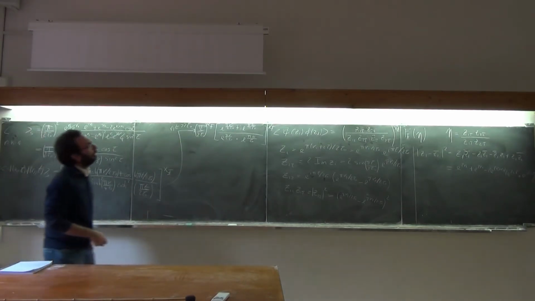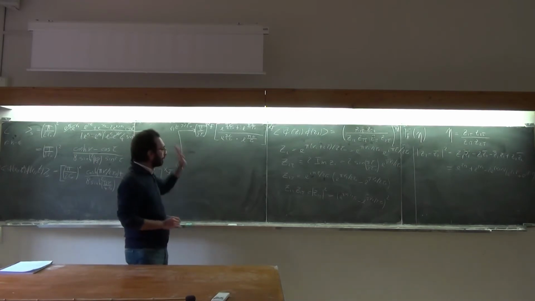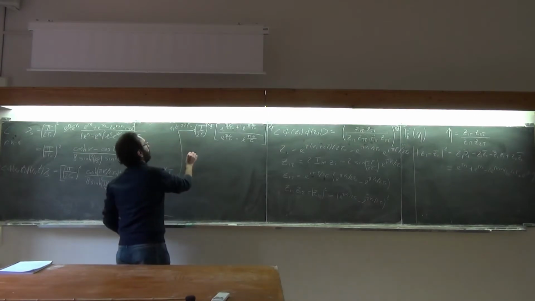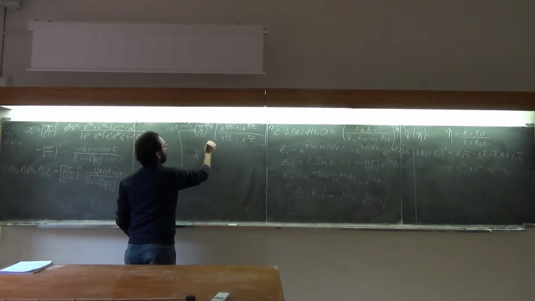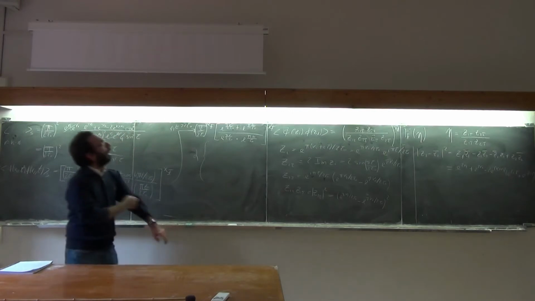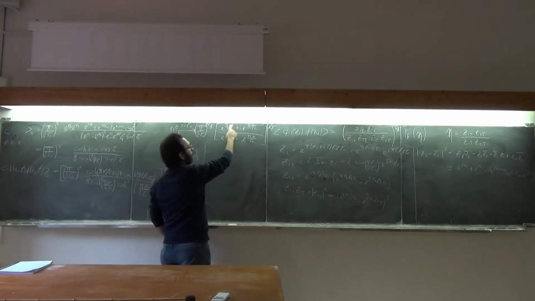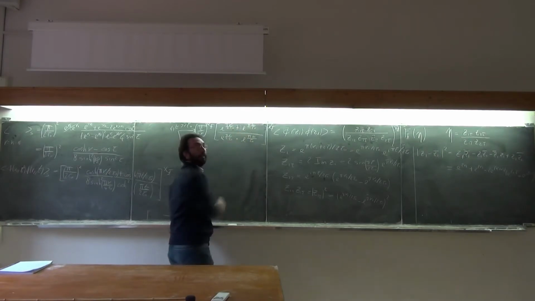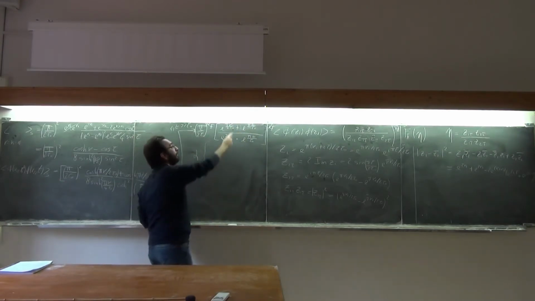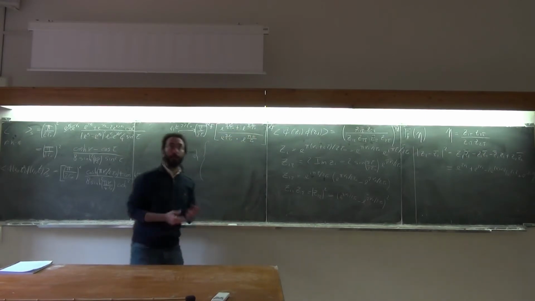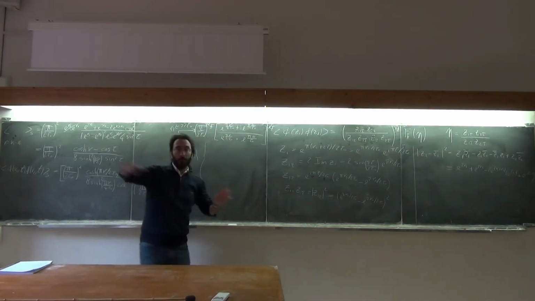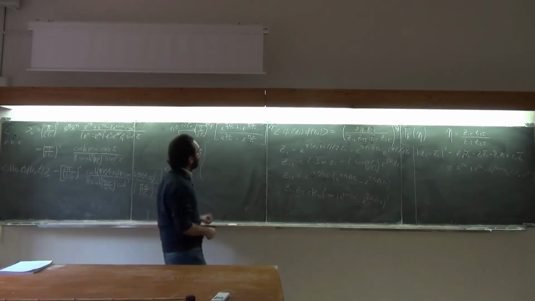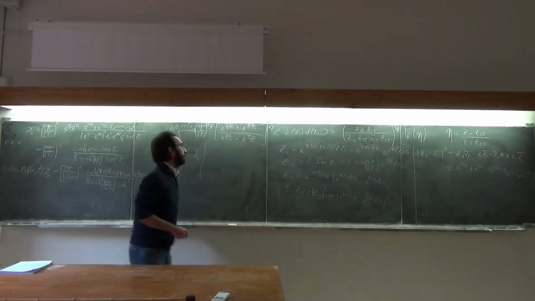But again, this formula is true only for r much larger than tau naught. So what is this guy? This is proportional to, if r over 2 is larger than t, since both of these guys are much larger than tau naught, there is an exponential with a much larger exponent that then completely suppresses the second.